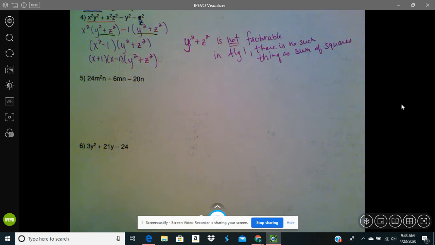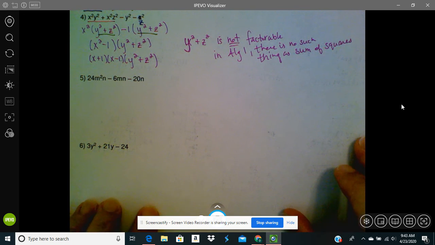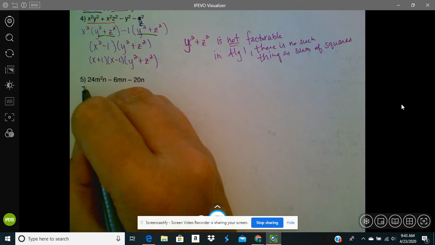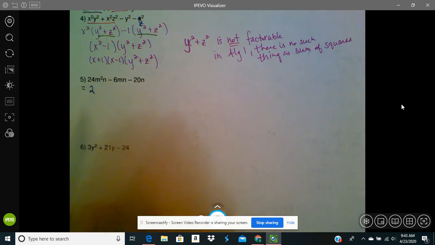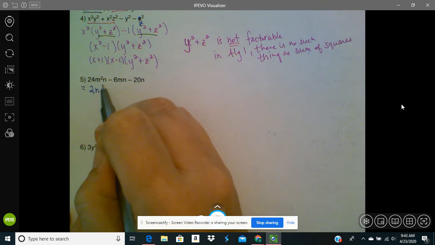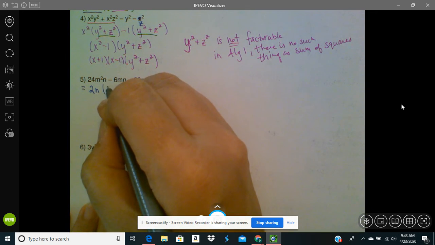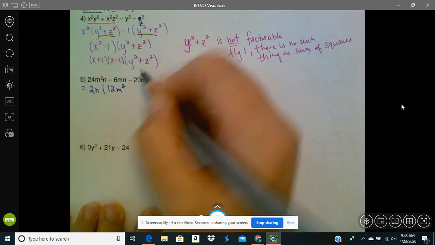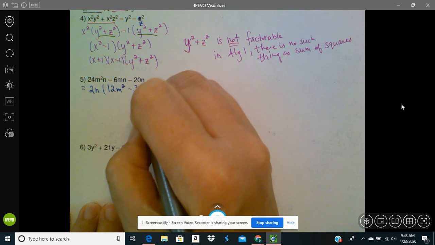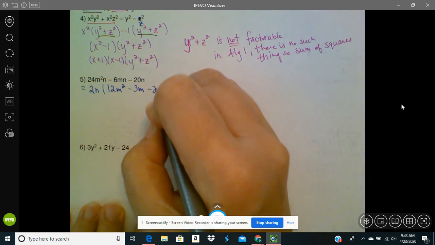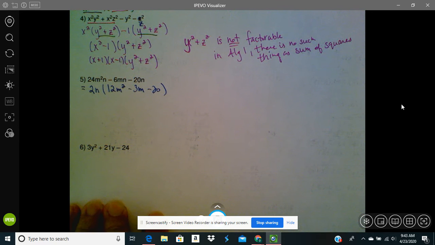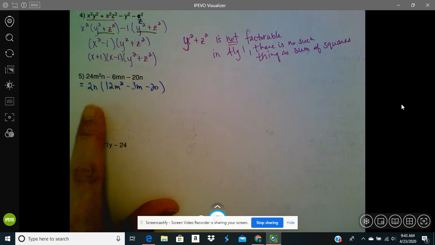So that means I can divide out a 2. So out of the coefficients, I divide out a 2. Out of the variables, I see they all have an n. So when I divide that out, I get 12m squared minus 3m minus 20. Okay. So I took care of the greatest common factor.